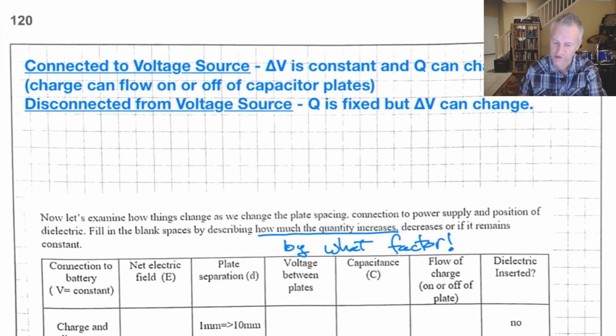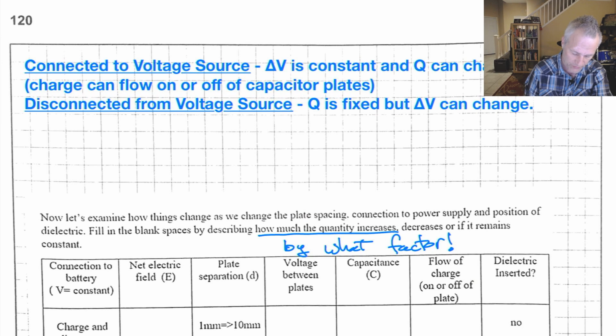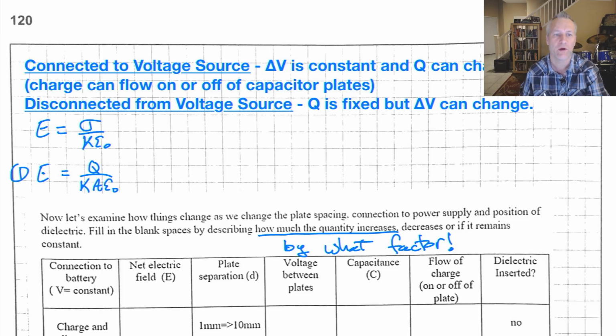And there's some equations that you can use to help yourself with this chart. We said from the previous page that E was equal to sigma over K epsilon naught. And we know that sigma was the charge density, which was Q over A. So that's going to be one equation that might be useful for this chart.